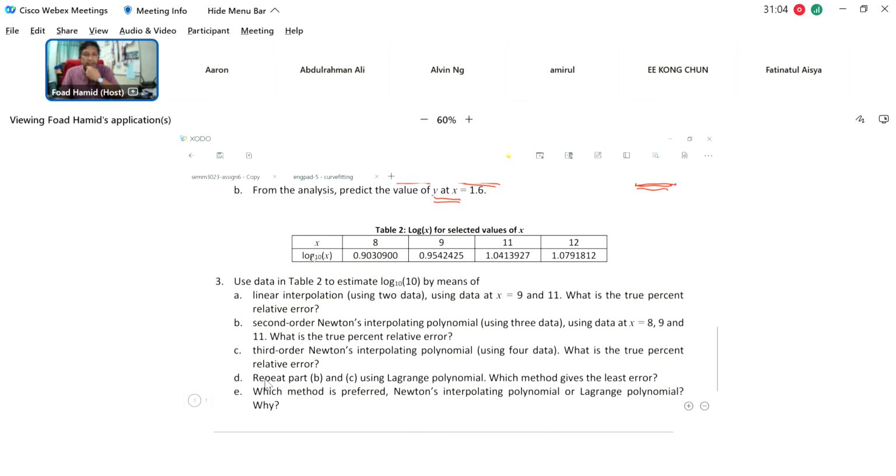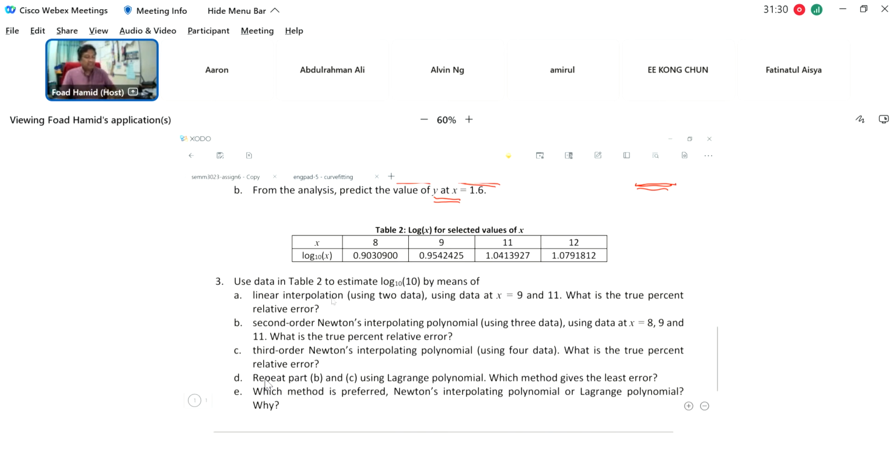So this is log base 10 of 8, 9, 11, and 12. So use data in table 2 to estimate log base 10 of 10. So what is log base 10 of 10? I think you should know this is 1, right? This is 1.